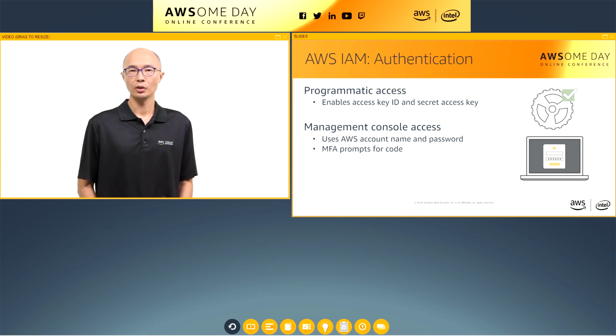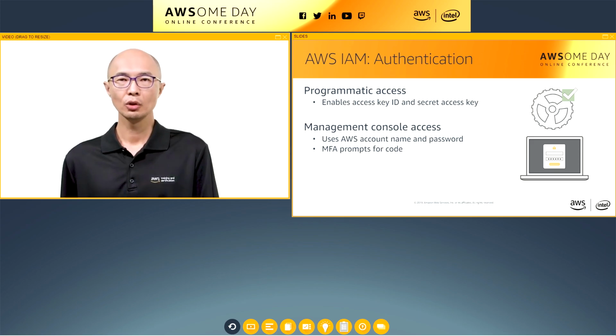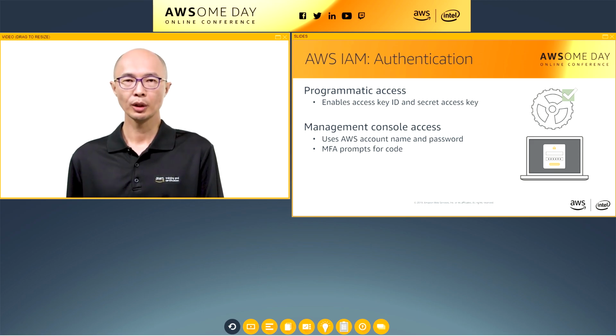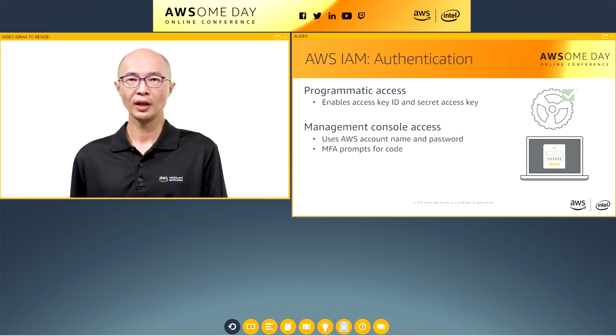The other option is to give AWS Management Console access to users, which allows them to sign in to the AWS Management Console. The AWS Management Console provides a simple web interface for AWS. You can log in using your AWS account name and password. If you have enabled AWS multi-factor authentication, you will be prompted for your device's authentication code.